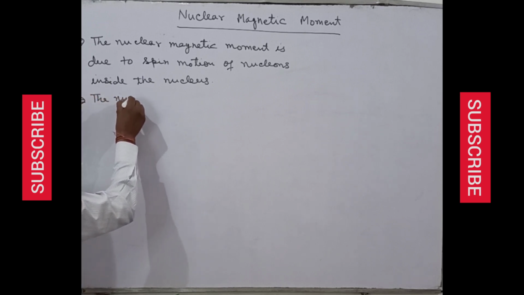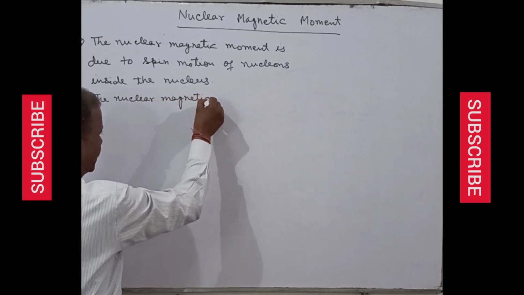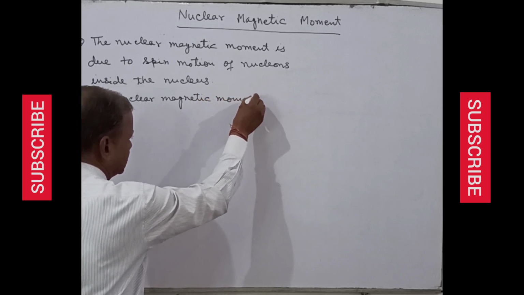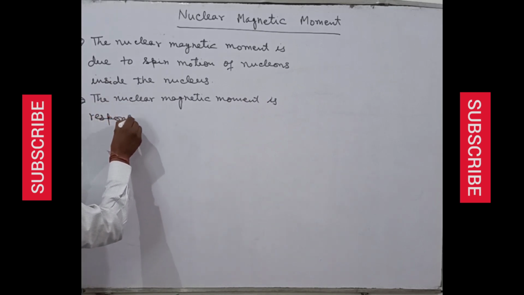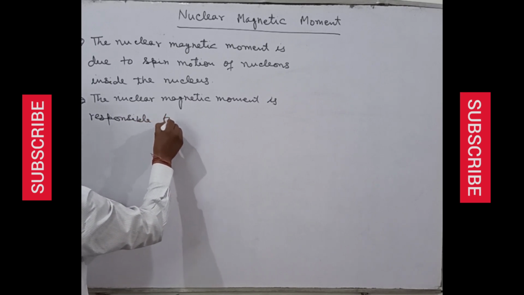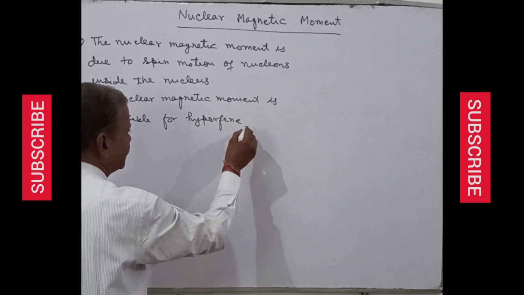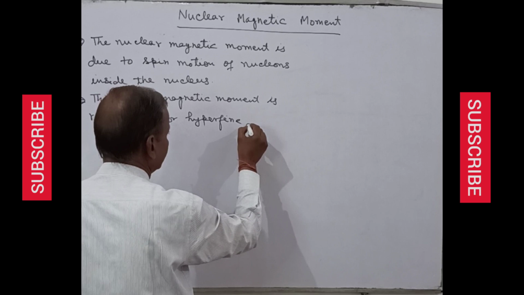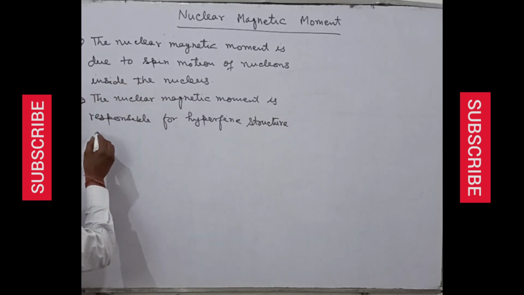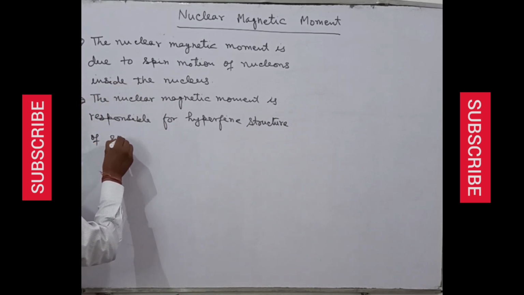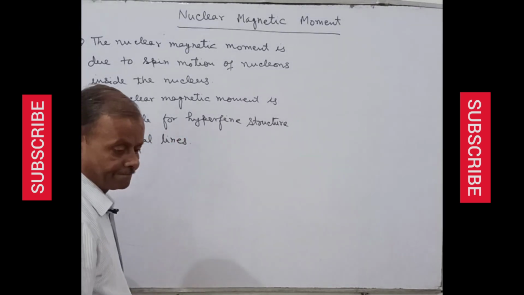The nuclear magnetic moment is responsible for the hyperfine structure of spectral lines.